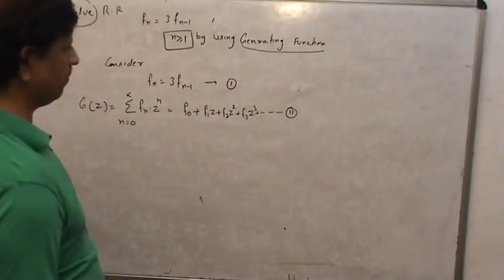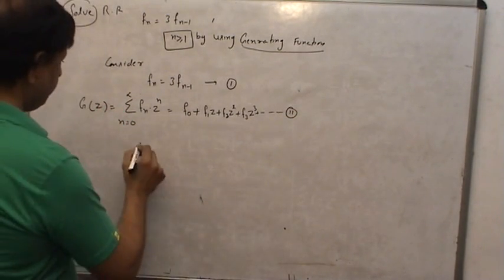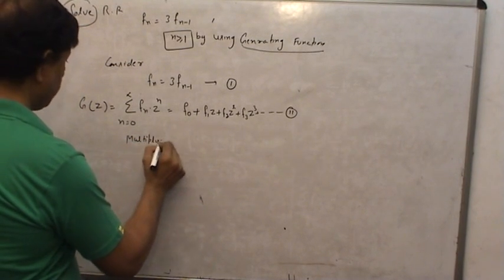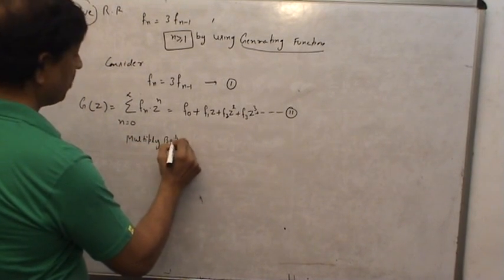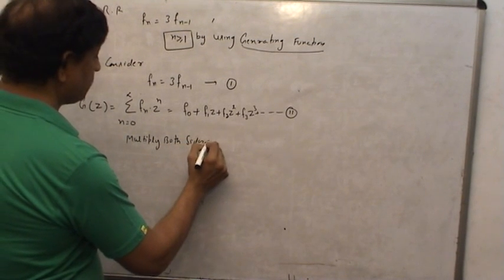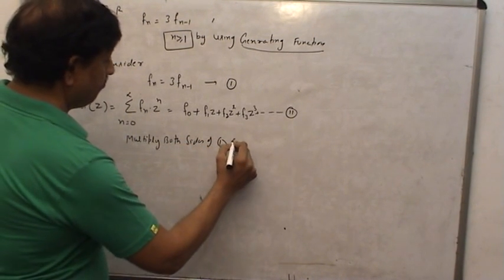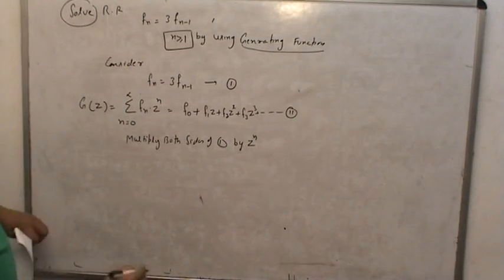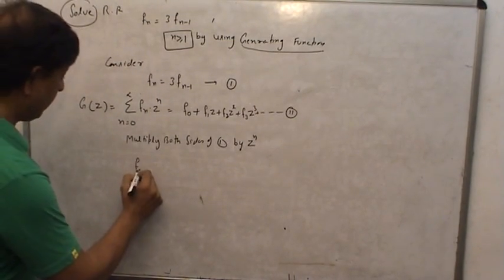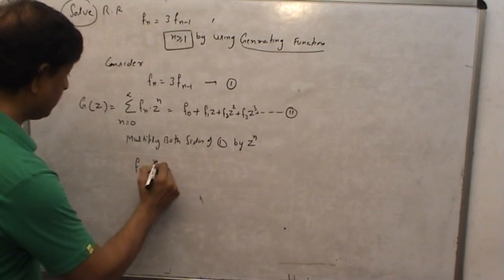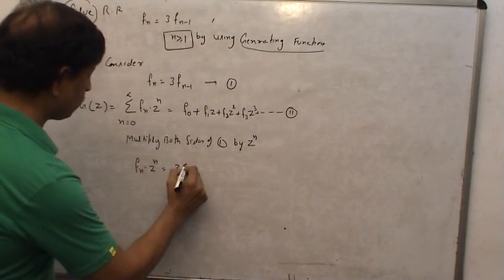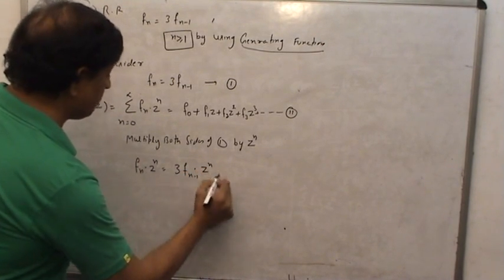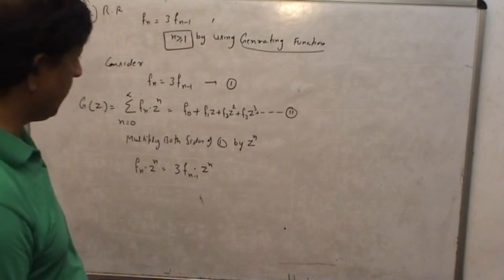Consider equation number 2. Again the same step, multiply both sides of equation 1 by z raised to the power n. We get Fn into z raised to the power n is equal to 3 times Fn minus 1 into z raised to the power n.